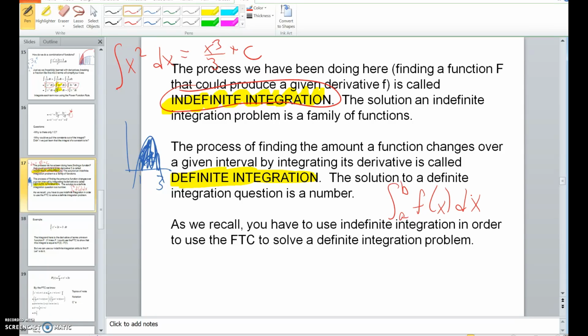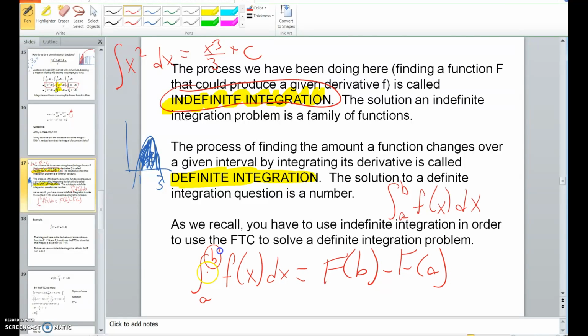In order to find the definite integral, or find the exact area under a curve, the first step is to find the antiderivative, which we've been practicing here. And then, as we know from the fundamental theorem of calculus, which we saw earlier, the area underneath a function is just the difference between the antiderivative evaluated at B and A. So if we can figure out the antiderivative, we just need to evaluate it at the bounds of integration.